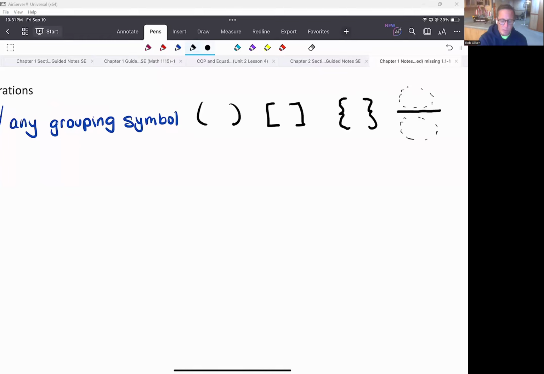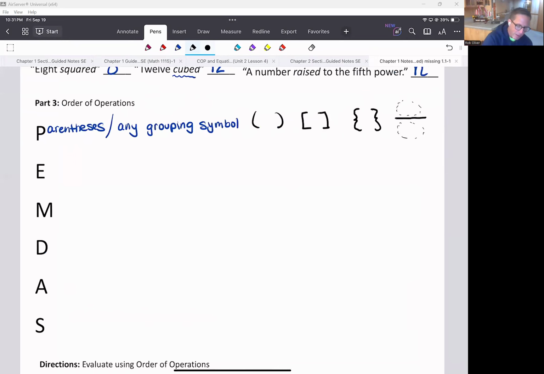A fraction is a grouping symbol because it's grouping the top and the bottom, because you might have a math problem in the top and a math problem in the bottom. What else is a grouping symbol? Absolute value, like the absolute value of x minus 3. Radicals, you might have something underneath a radical that you need to solve. So any type of grouping symbol. I might have missed one, but I think I went over the most common.